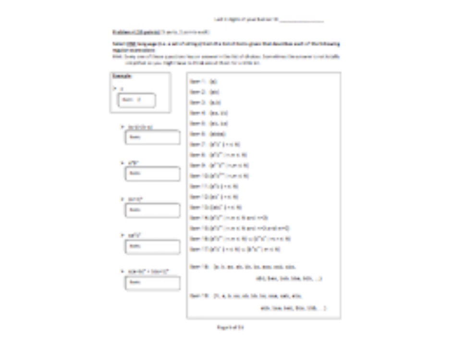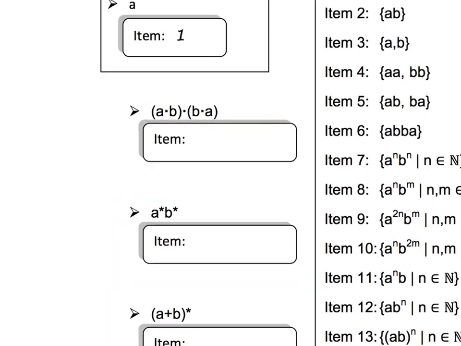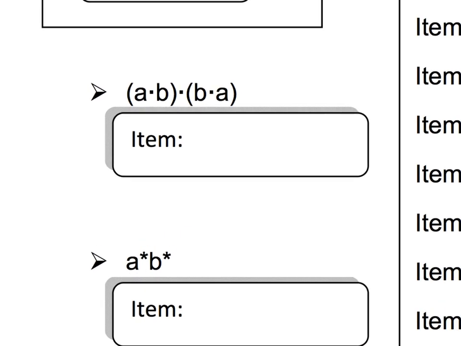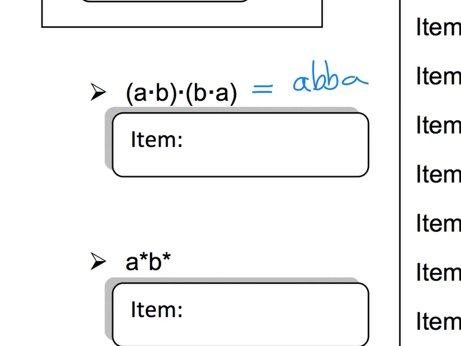Okay, in this set of problems, I give you a regular expression and you have to turn it into a language, a set of strings. So let's take a look. Right here I have this regular expression a dot b dot b dot a. Another way to write that is just abba, and so that represents just a single string in a set.